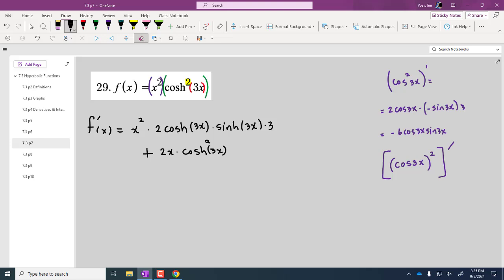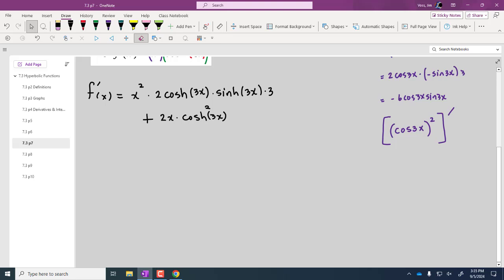Little bit of simplification, not a ton. We can write that as 6x squared. Then we have to have a cosh and a sinh of 3x. So you're going to notice that sometimes books will put parentheses around the hyperbolic angle. Sometimes they won't.